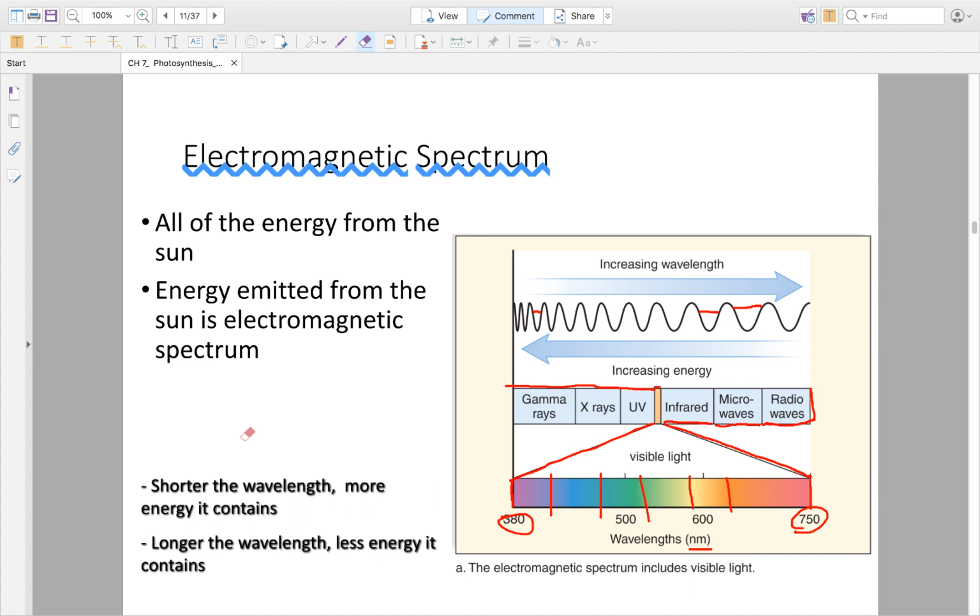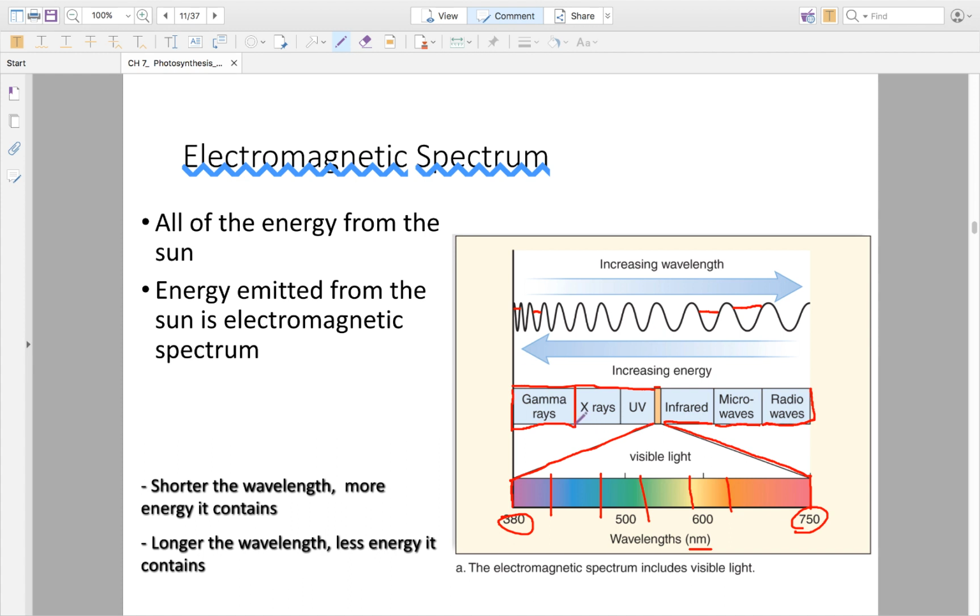However, the shorter the wavelength, the more energy it contains. Therefore, gamma rays, for example. Gamma rays are tiny. They're tiny little waves that are jam-packed full of energy. And that's not necessarily a good thing for us, because what this can do is mutate our DNA and cause cancer.